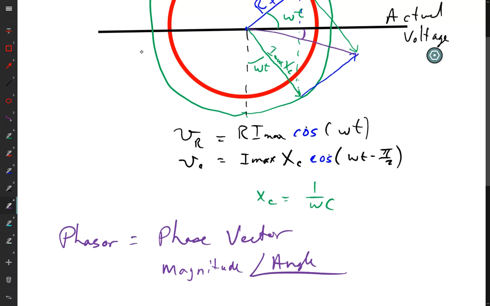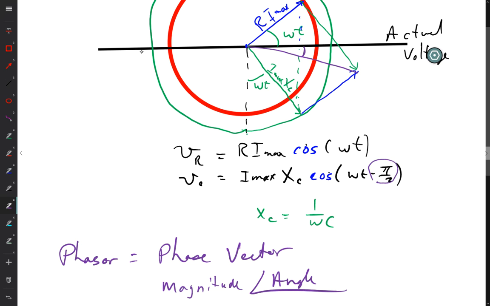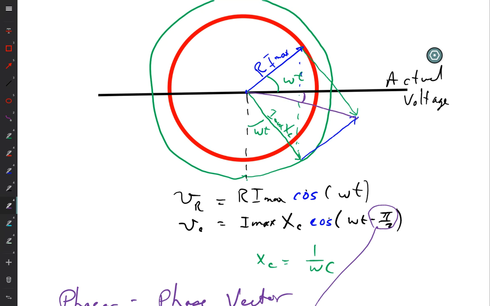That angle is only this portion. We assume that they both have the same omega t. And so if I take my picture, as t changes, what's going to happen to my picture? The entire picture is going to rotate, right? So it's like you just take the picture and you spin it.